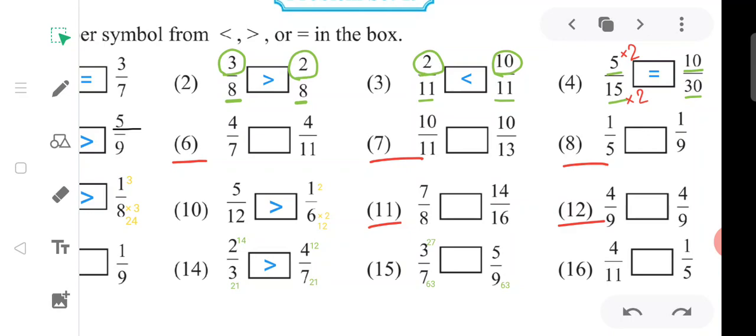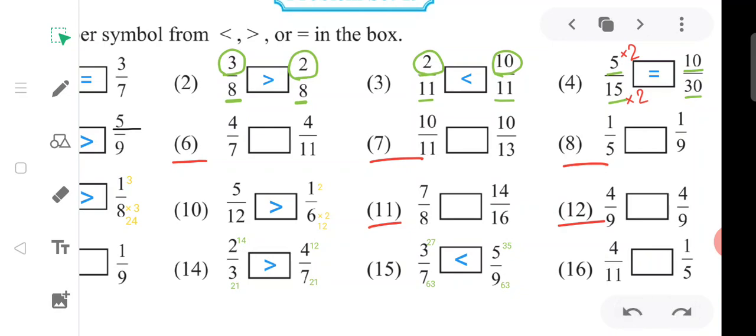Now see, how do we get 63 from 9? If we multiply 9 by 7, we get 63. We need to multiply 5 by 7. 5 sevens are 35. Now tell me, which fraction is smaller or bigger? See, 3 upon 7 is smaller than 5 upon 9. Now see the last one.